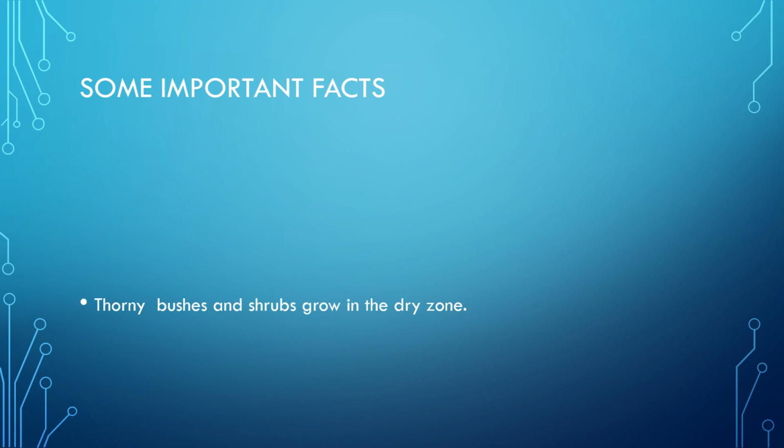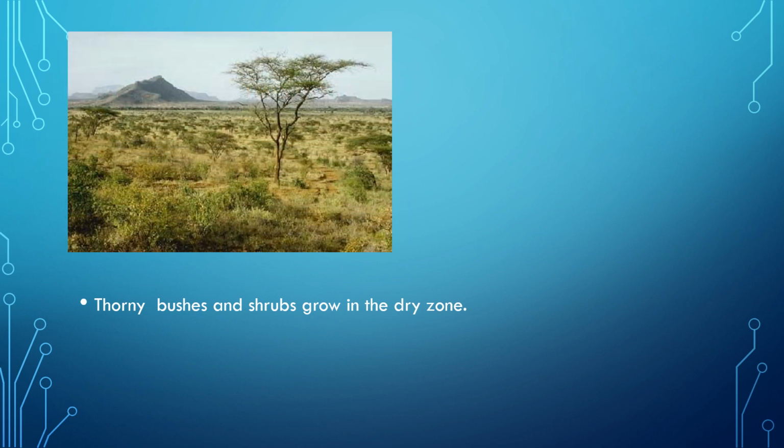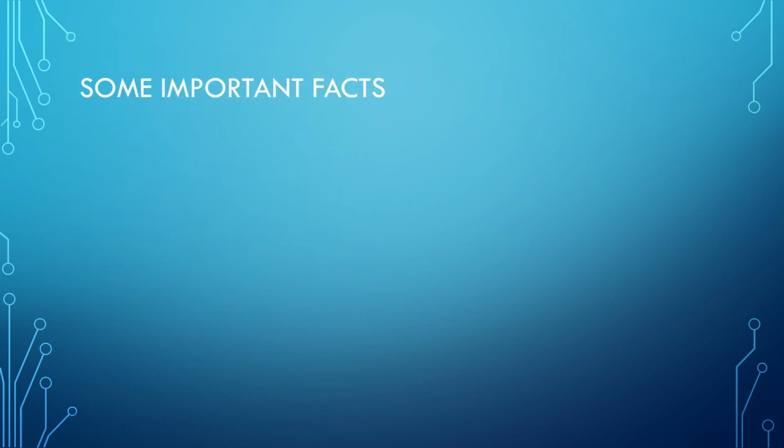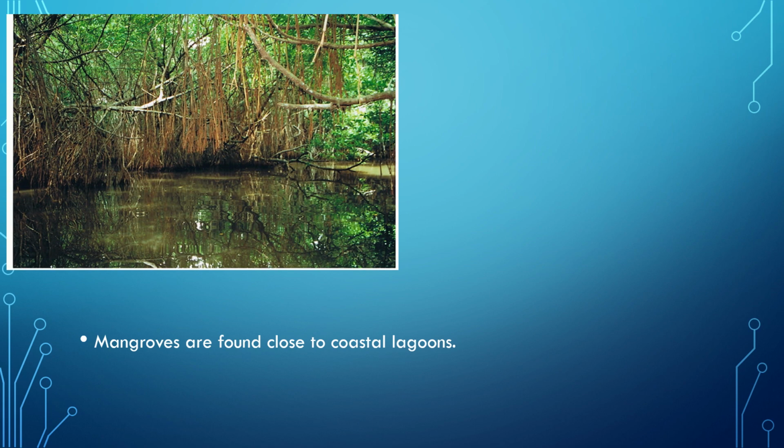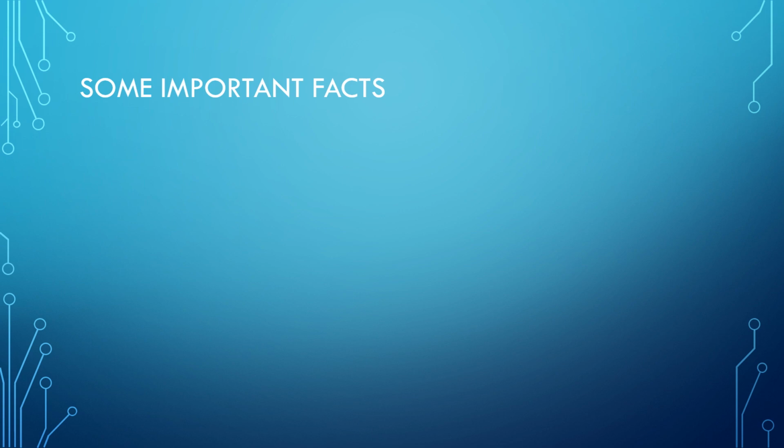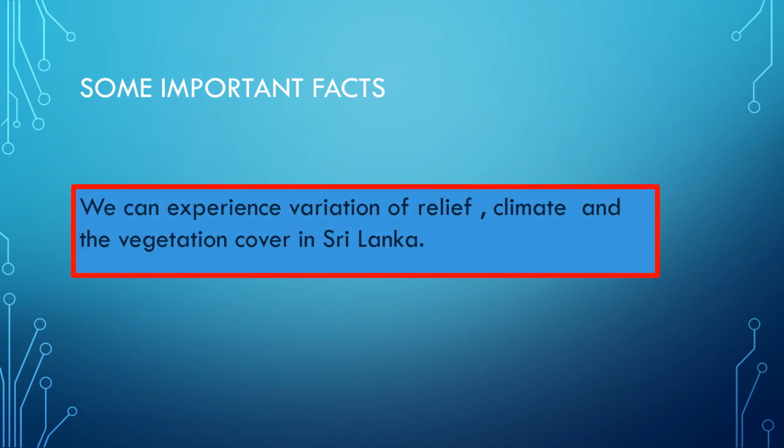Thorny bushes and shrubs grow in the dry zone. Mangroves are found close to coastal lagoons. We can experience variation of relief, climate and vegetation cover in Sri Lanka.